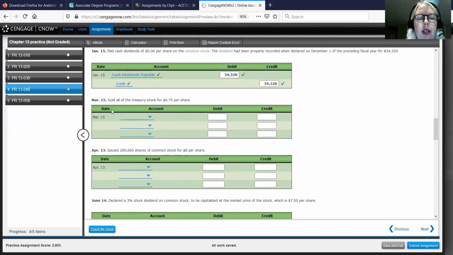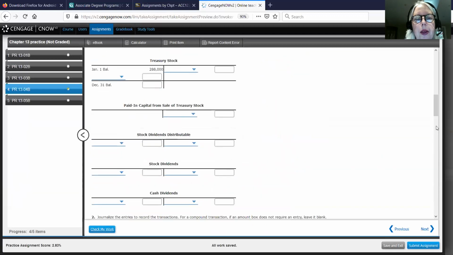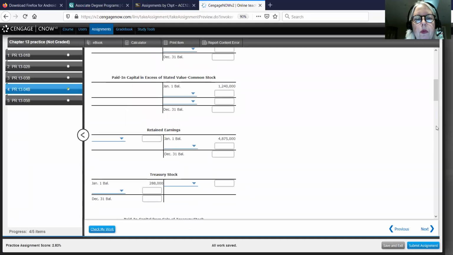On March 15th, it says that we've sold all of the treasury stock, and we sold it for $6.75. One of the ways that you can get the amount for that is you could look at the actual treasury stock account.